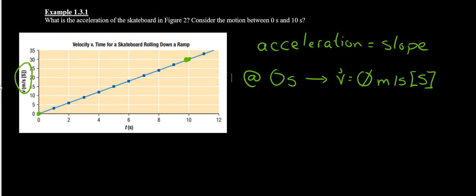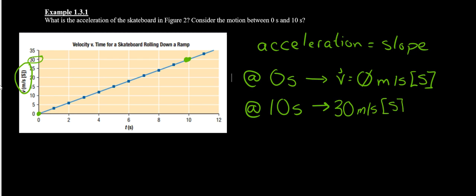At 10 seconds, we've marked this point on our graph, so we just go over to the y-axis, and we see that it corresponds to a velocity of 30 meters per second south at 10 seconds.